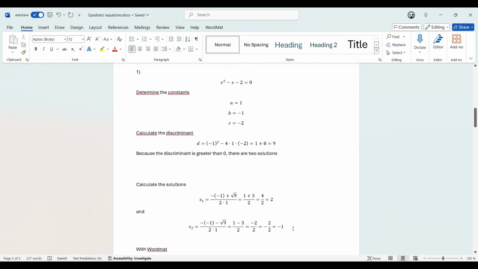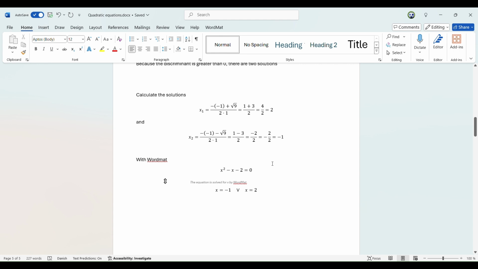You can try and put in 2 onto all x's places here and see if that equals 0. And you can put in -1 onto all x's places up here and see if that equals 0. It should. And just to be sure, we can use our program here, WordMat, to do the same.